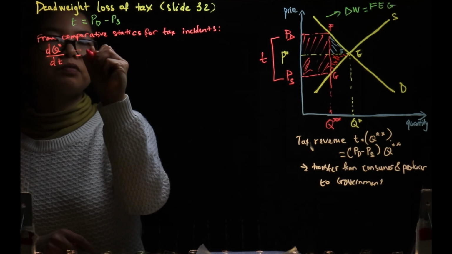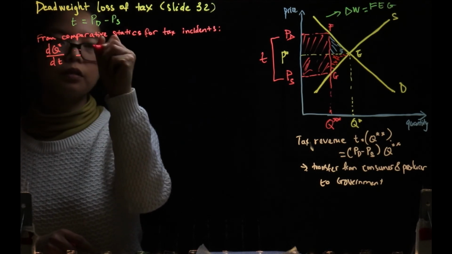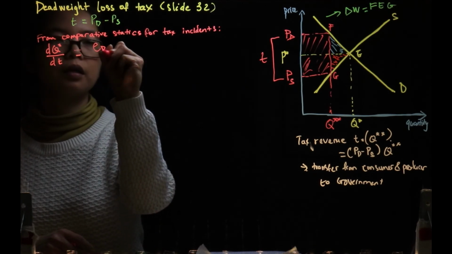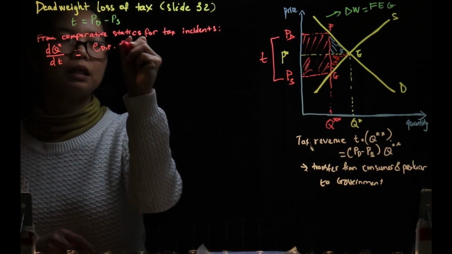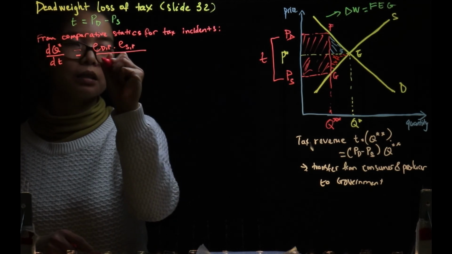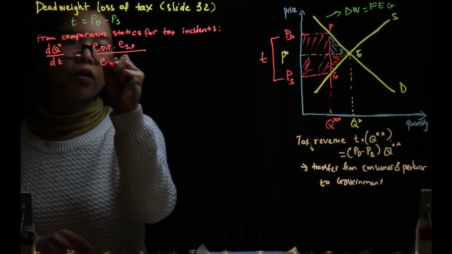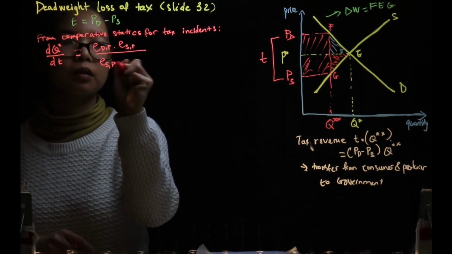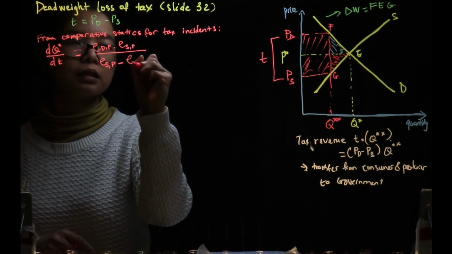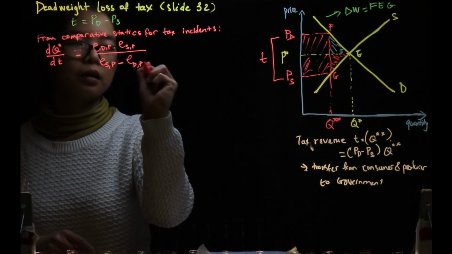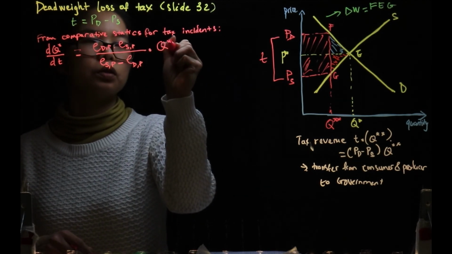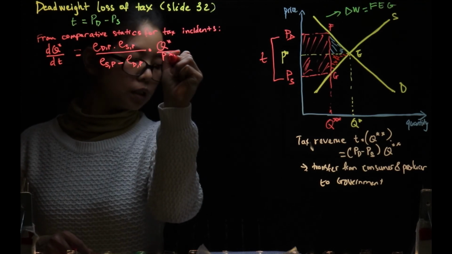So the comparative statistics for the tax burden gives the result that the elasticity of supply times the own-price elasticity of demand, over the elasticity of supply minus the own-price elasticity of demand, where we're talking about market elasticity, times Q star over P star.